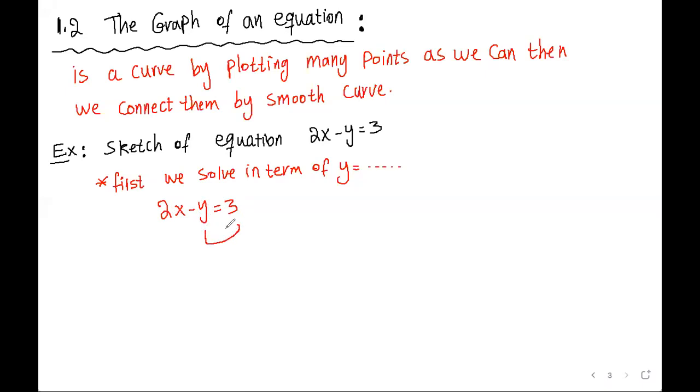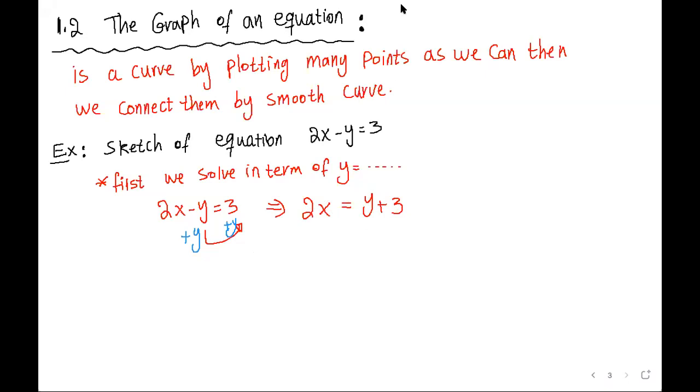Move this one to this side by adding y to both sides. So I add y here, plus y. Now I get 2x equals y plus 3. Then I subtract the 3 from both sides.